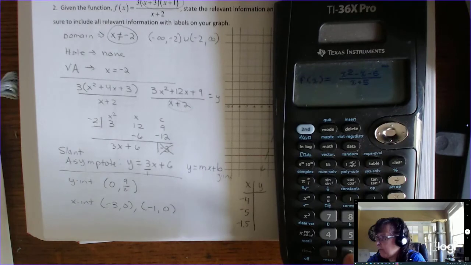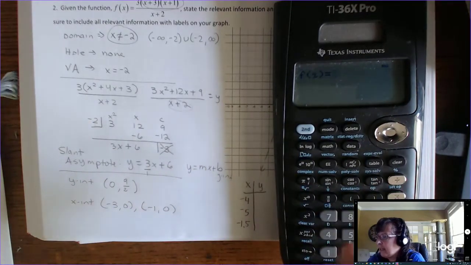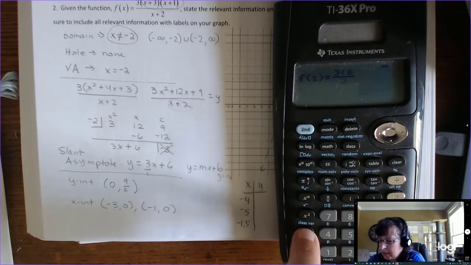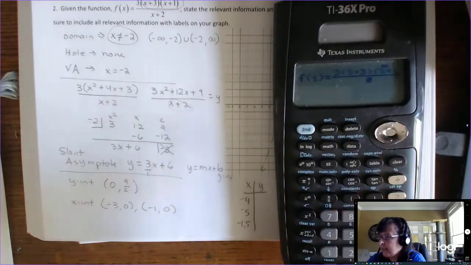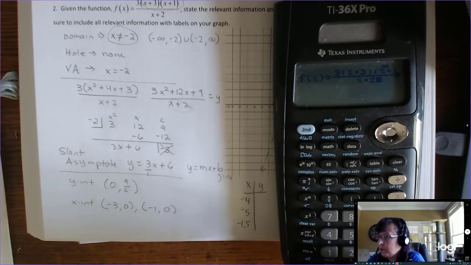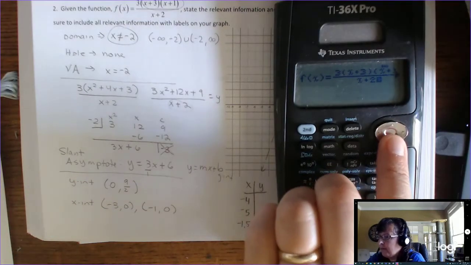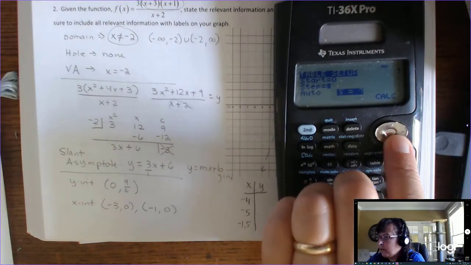So let's put the function in. Clear that, and the function is 3 parentheses x plus 3 parentheses x plus 1, and then x plus 2. And then all you have to do is hit enter, and then it's going to say auto or ask, x equals question mark.